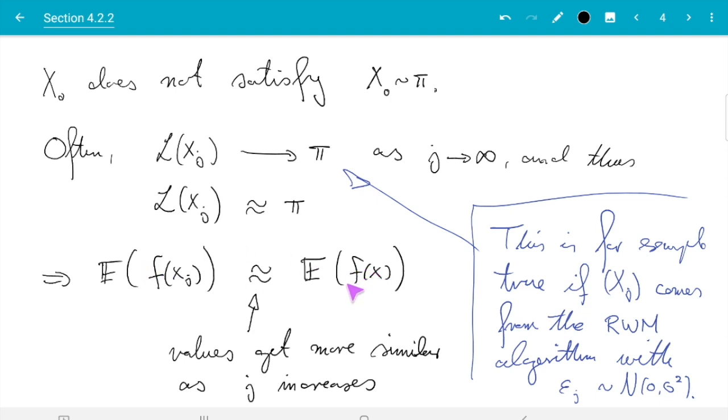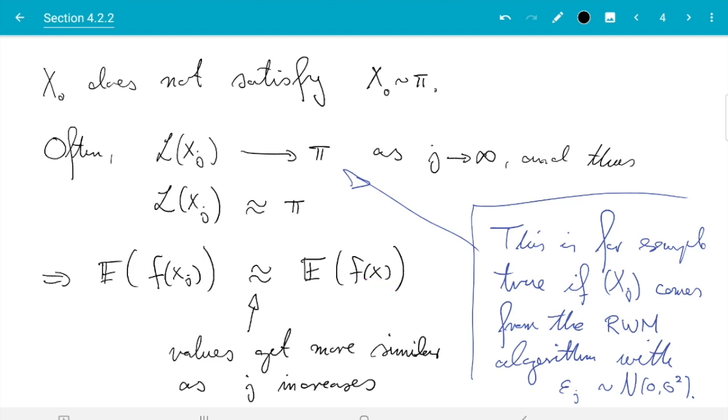One thing one can do: we said this difference here gets smaller as j increases. So at the beginning we may be different, but we converge to pi, so that should get better and better. For this reason, one thing which is commonly done is to throw out the first samples.